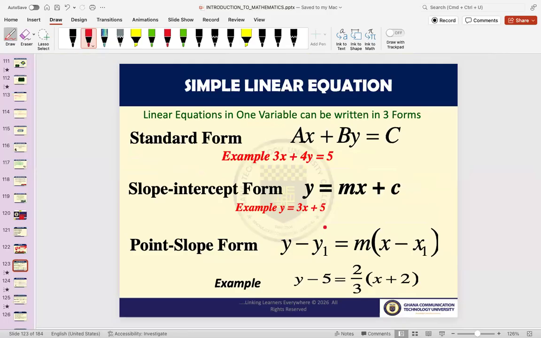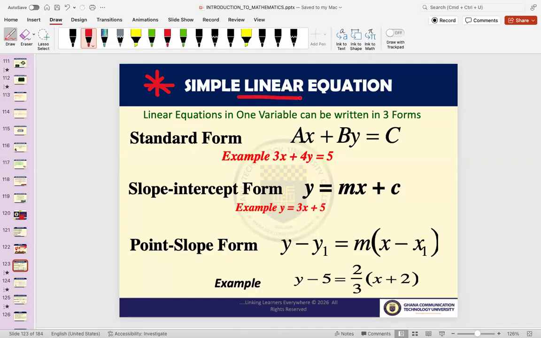Right. So if that is an equation, then let's see how equations appear and how they are formed. We want to start with the simple equations that you see every day. It is called the simple linear equation.